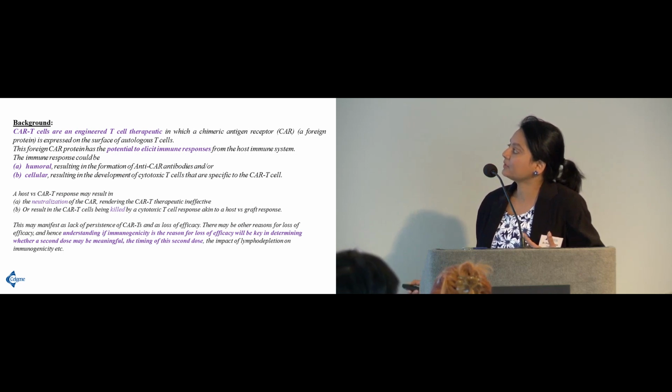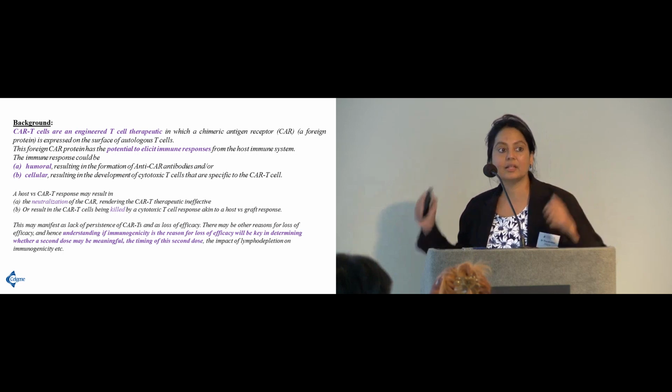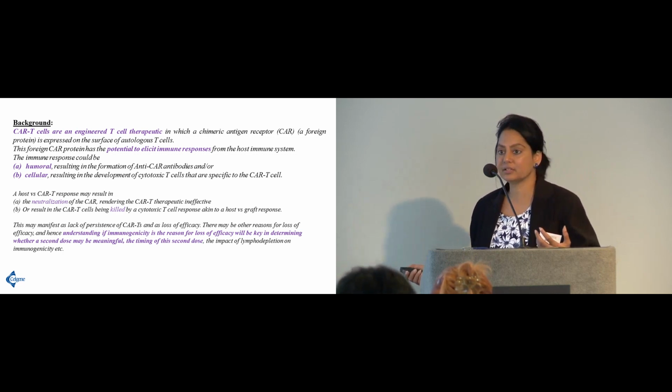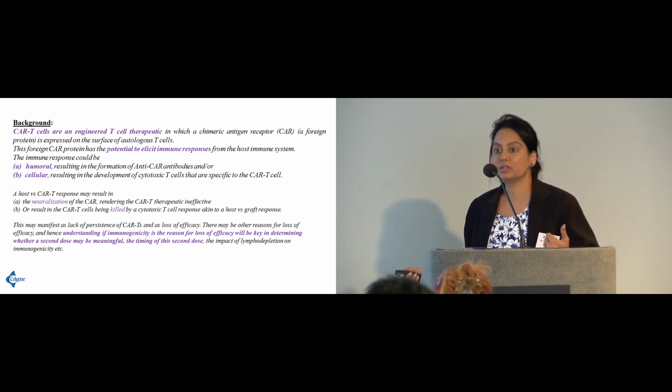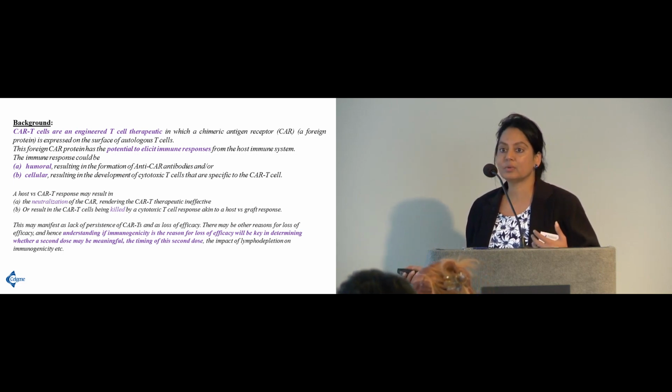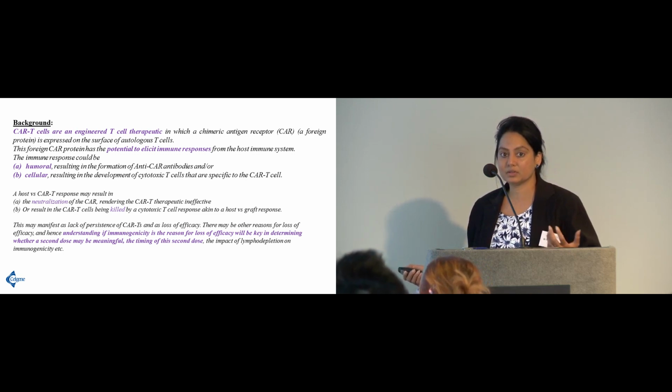To capture each of these events, of course, we have PK assays where we're measuring the CAR T cells in two different ways. One is a qPCR-based vector copy number assay, where we're looking at the number of integrated vectors in the T cell genome.